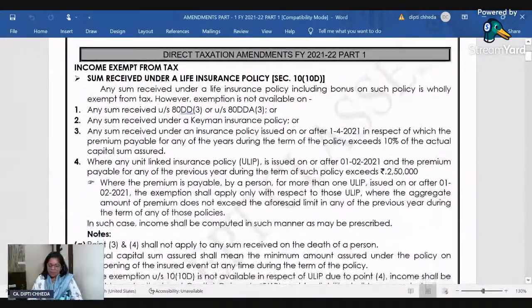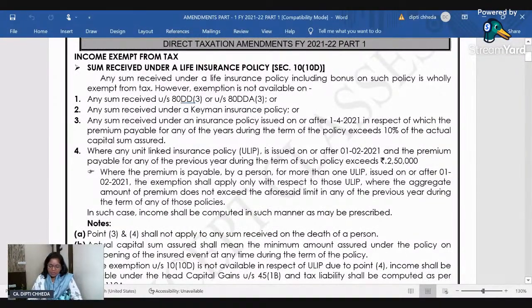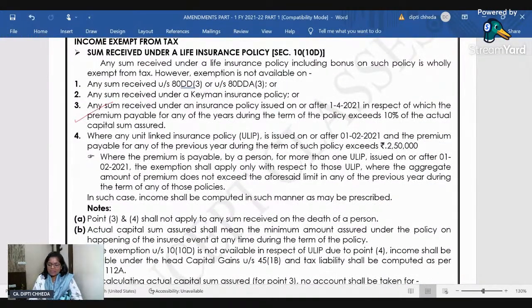Last class, I gave you this amendment. Whatever amount is received on maturity of insurance, if the premium in a single year exceeds 10%, 15% for handicapped also, or the single premium in a single year exceeds 2,50,000, or multiple premiums in a single year exceed 2,50,000, then when these kinds of policies mature, the amount received on maturity is not exempt under section 10(10D).